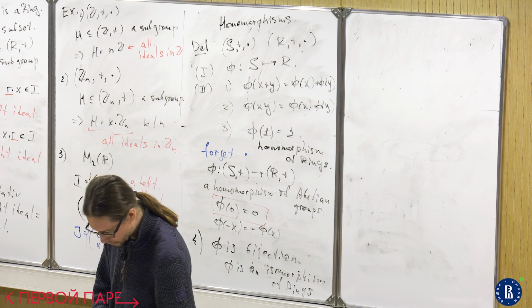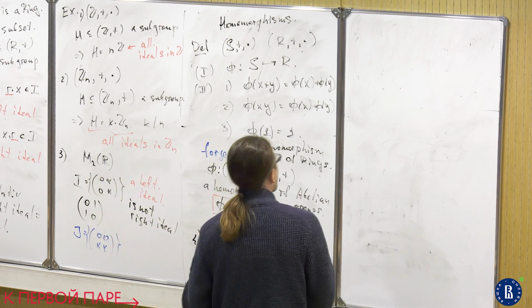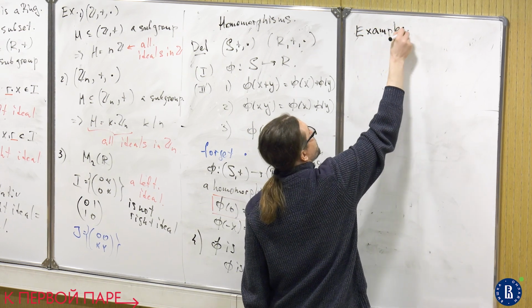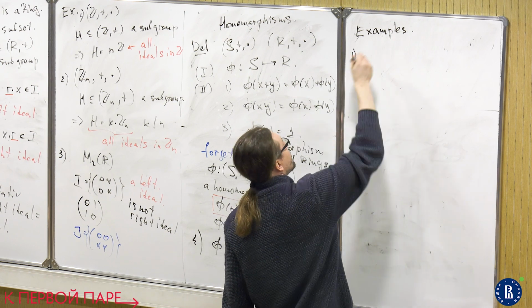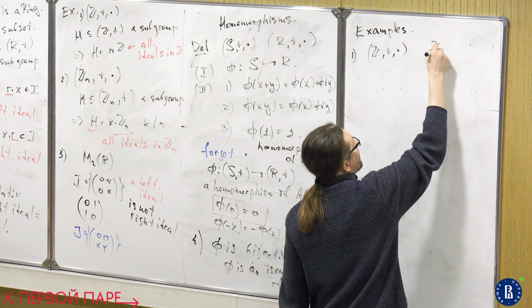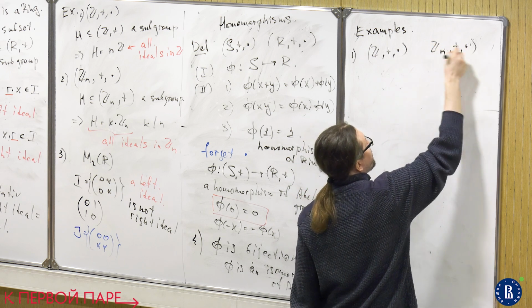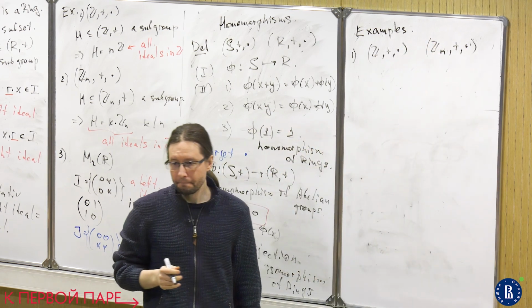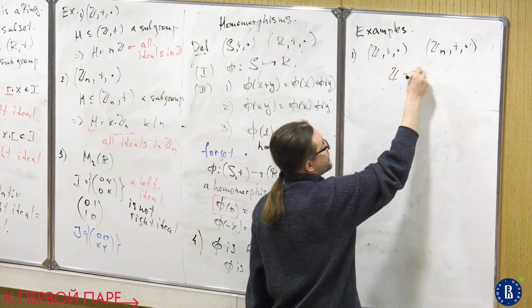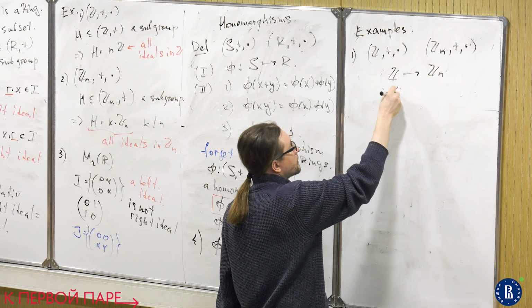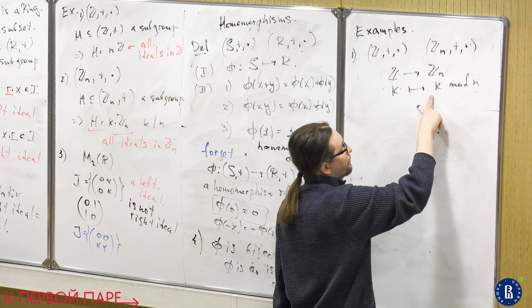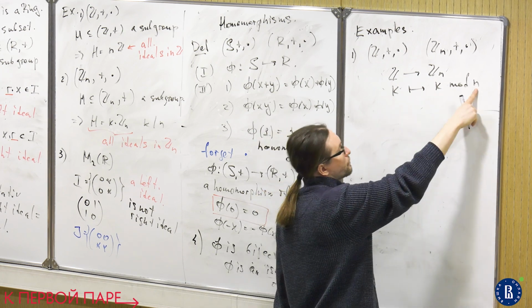Now I want to provide you with several examples of homomorphisms. Example number 1. Let's take Z with addition and multiplication, and Z_n with addition and multiplication modulo n. These are two rings, and we have a map from Z to Z_n which takes an element k to k mod n, the remainder of k with respect to n.